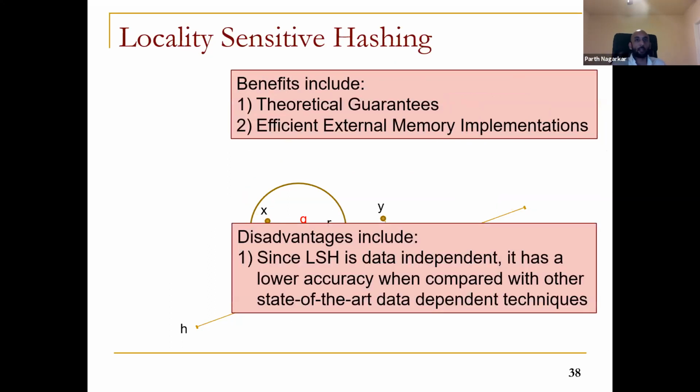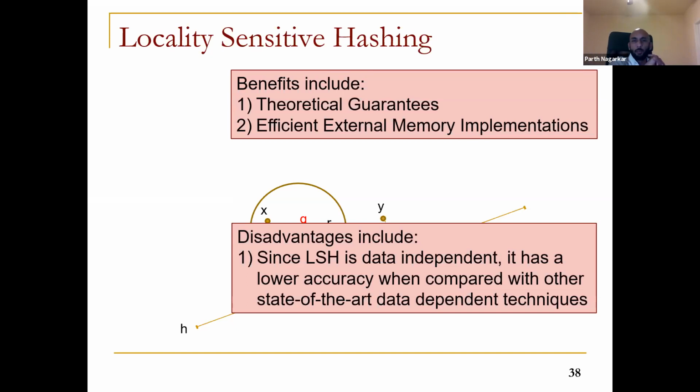So what are the benefits and disadvantages? One really important benefit is that LSH gives theoretical guarantees on the result set, saying that if the user puts in an acceptable success probability, then LSH will say that if you create this number of hash functions, then for this amount of data that you give me, your recall, for instance, will be at least 1 minus the accepted error probability.